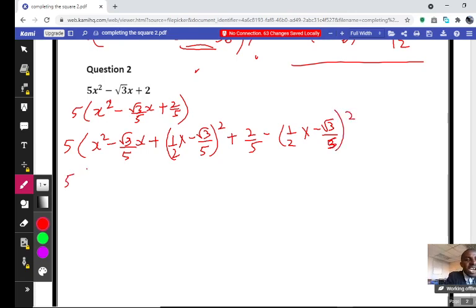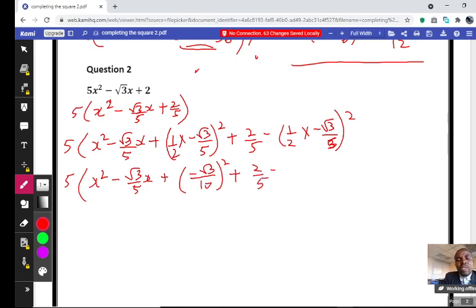Then you maintain your 5. It will be x squared minus root 3 over 5 x. Then you simplify a bit: minus root 3 over 10, squared, plus 2 over 5 minus minus root 3 over 10, squared. Close the big bracket.